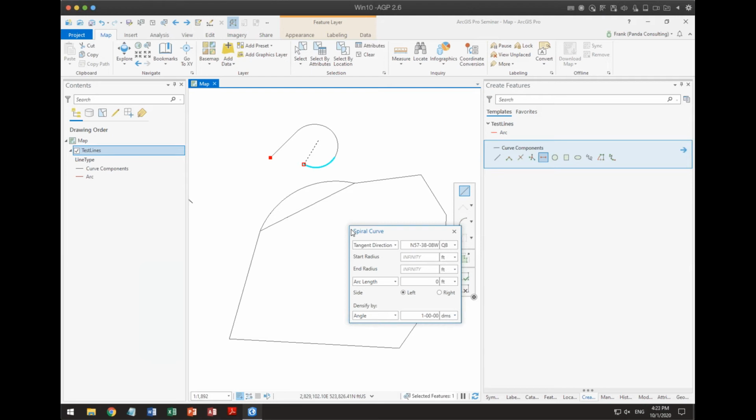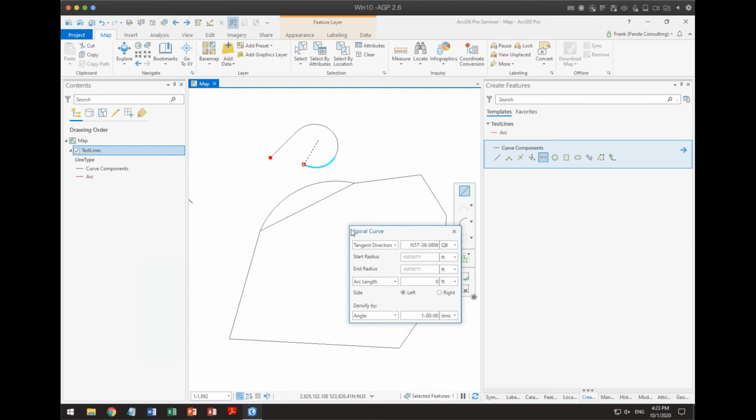Matter of fact, every one of us has driven on a spiral curve. When you have a cloverleaf intersection on a road, it starts out with the radius being very, very long. Then as you exit off of that highway, that radius gets sharper and sharper, shorter and shorter, to slow you down and have you turn faster and faster. So that's where you use the spiral curve.